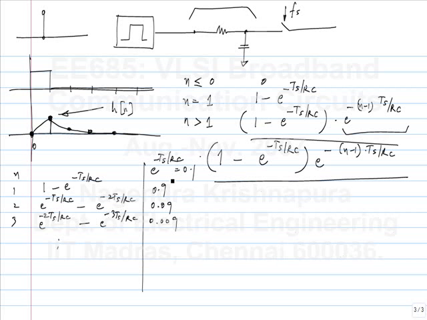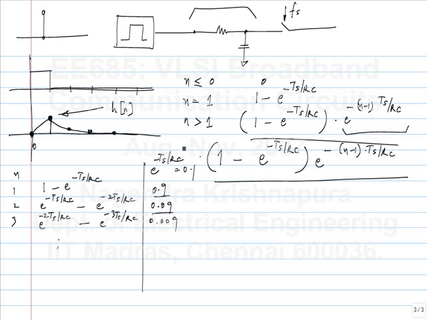So this actually looks like a usable channel, because the cursor is 0.9, the first one is 10% of that, and the second one is 1% of that. After that we can definitely neglect everything. What is the bandwidth corresponding to this? What is the bandwidth of the RC filter in terms of the data rate fs?